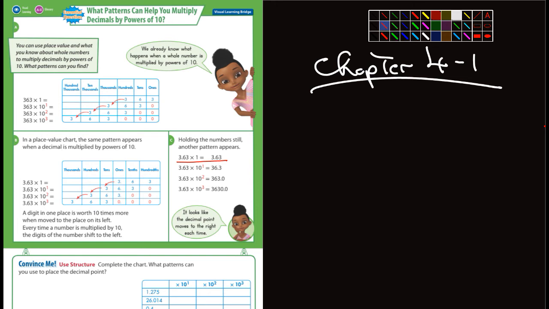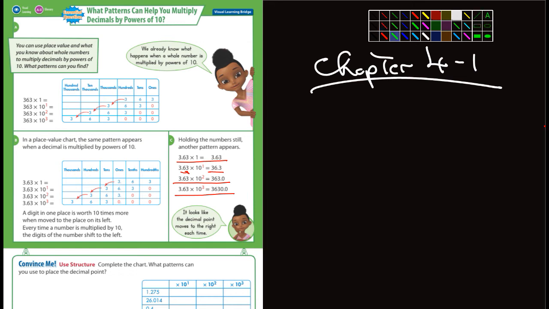So 3.63 times 10. Look, they moved the decimal just one place to the right, so it becomes 36.3. And then here, times 10 squared, they've moved the decimal 2 places. And here, they've moved the decimal 3 places. So let me give you my own example.